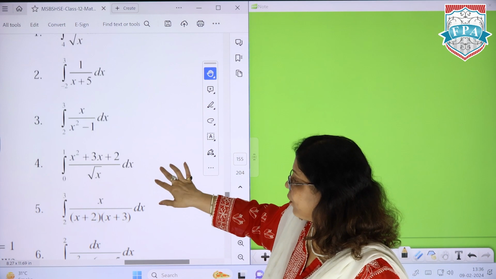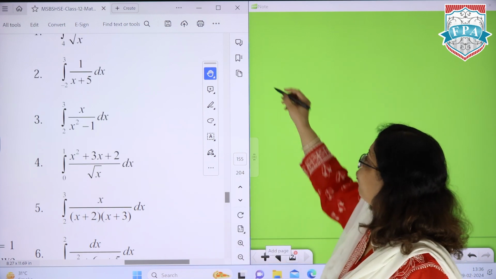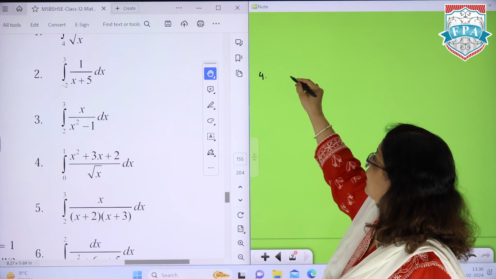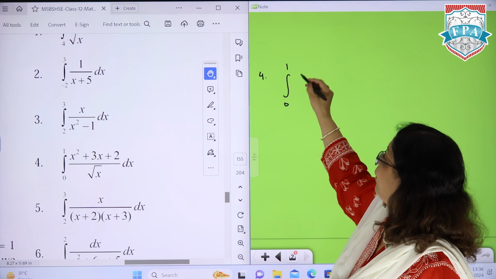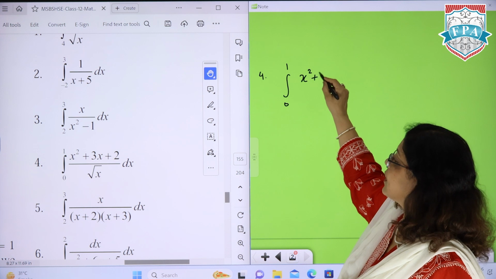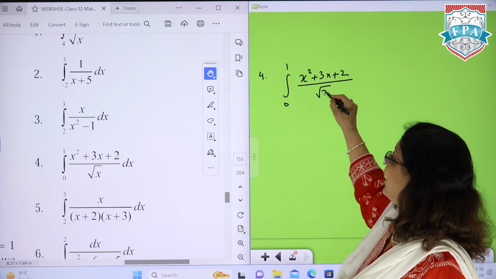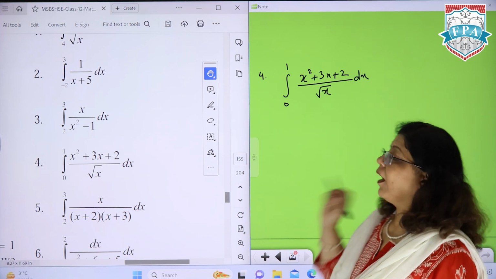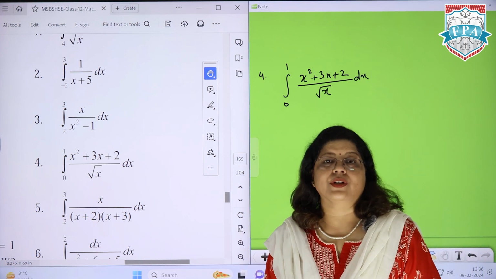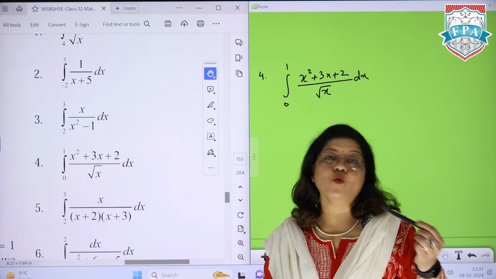Let's take one more question here. Say let's take question number 4. So in this question it is the integral from 0 to 1 of x square plus 3x plus 2 upon root x dx. Now this sort of question cannot be solved by u by v.